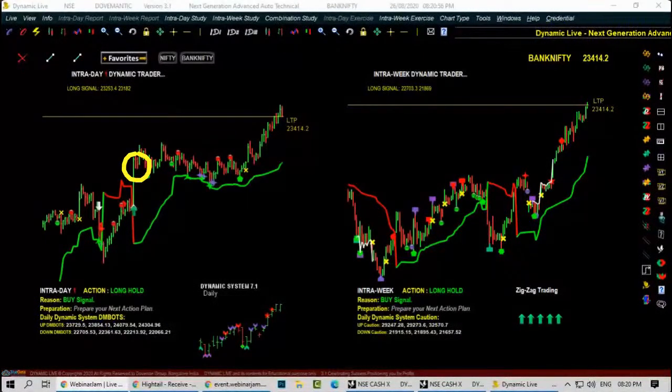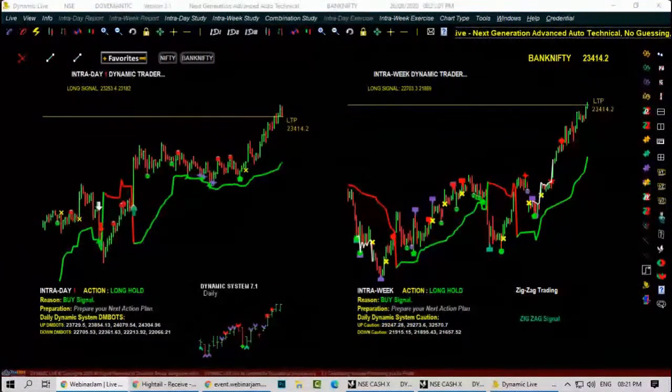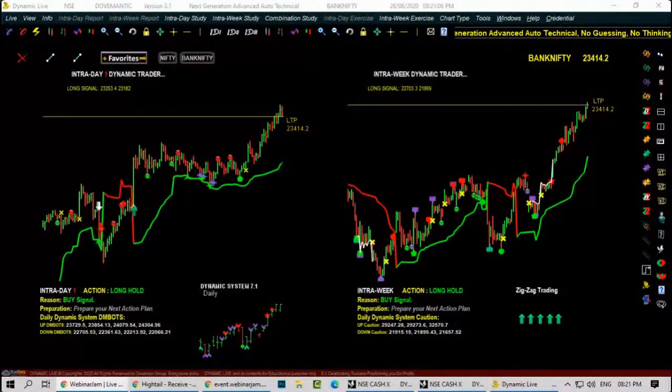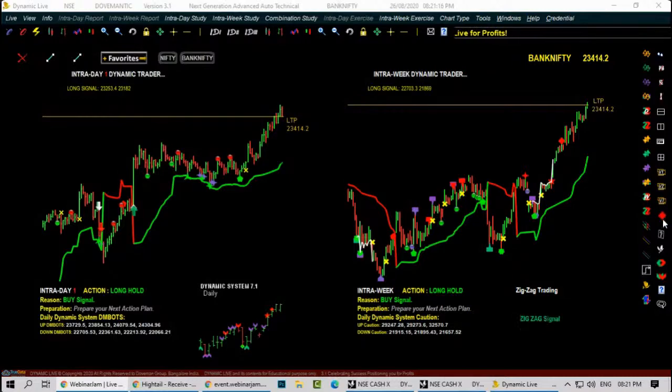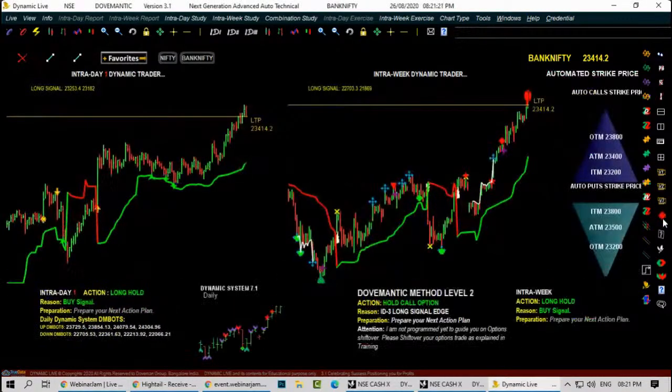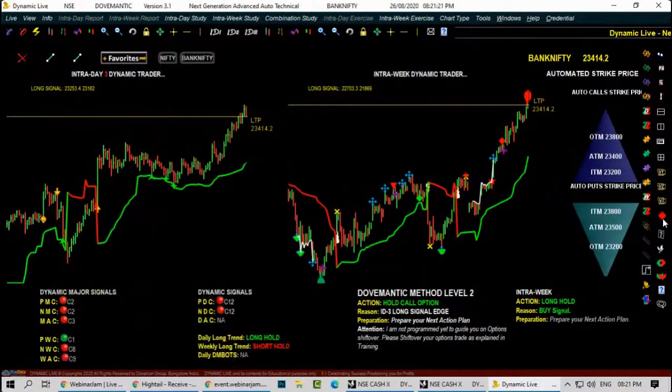But after that, what happened? We got into a long trade. I bought a call option. This call option ended up giving me some huge returns, more than 250 points benefit achieved in options trading. And that is, if I'm not wrong, the 23,000 strike price that I'm talking about. Okay. So anyways, currently we are holding on to the long position here in Bank Nifty.